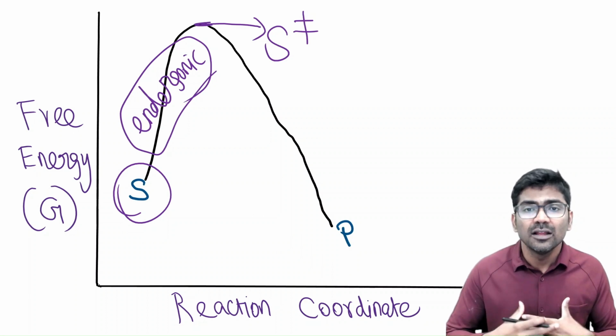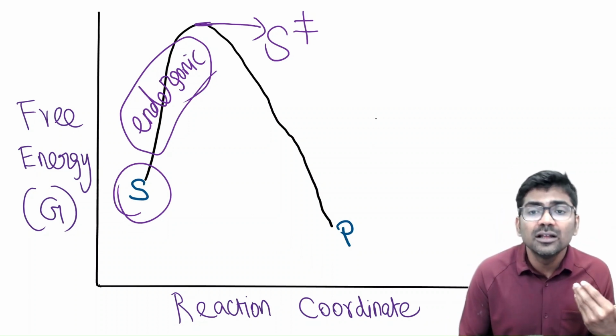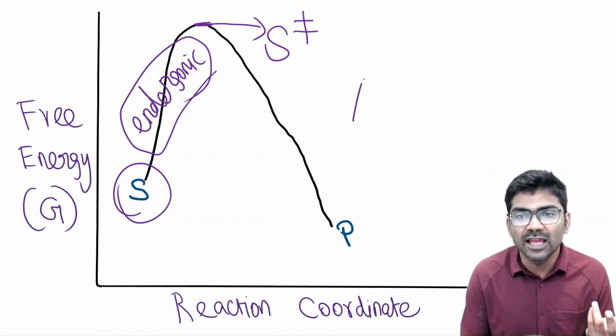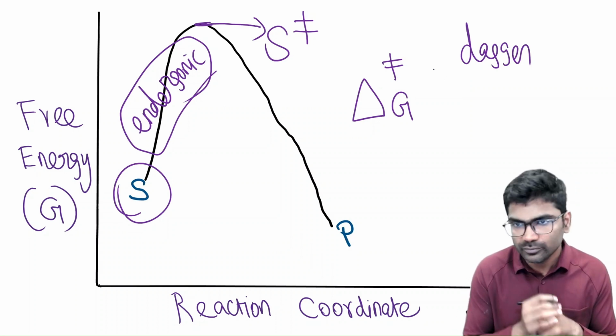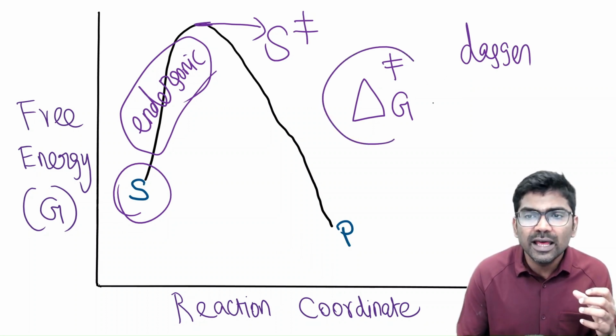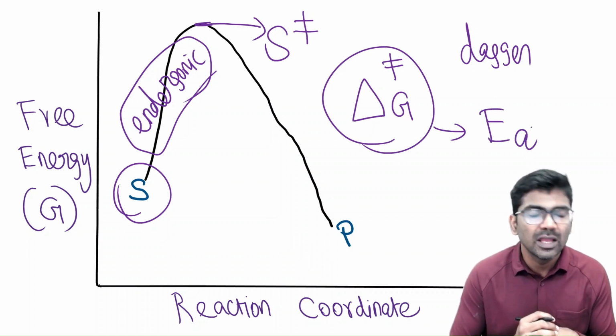The energy that is needed to convert substrate to transition state is activation energy. Activation energy is denoted by delta G double dagger. Okay, this is like a dagger, right? So that is why double dagger. Remember, delta G double dagger is your activation energy.